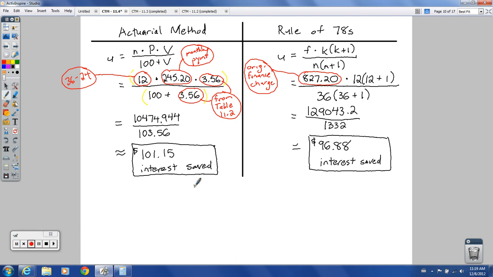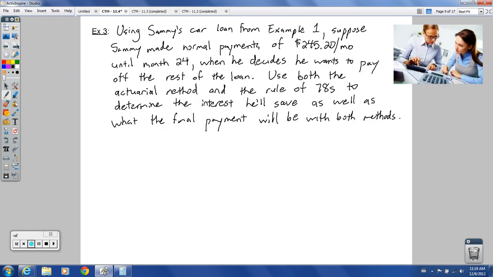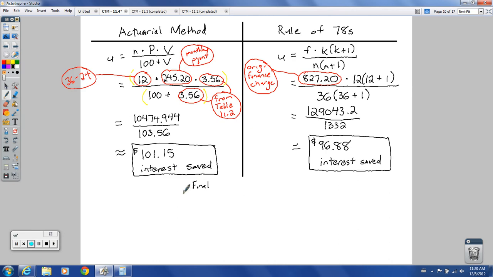And so let's now finish up this problem. So we're supposed to find the interest saved, we just did that, and the final payment with both methods. So the final payment shouldn't be too hard to figure out from here. The final payment, if we're saving this interest and we knew how much we were supposed to pay total before, we're just going to take that amount and subtract this interest amount.